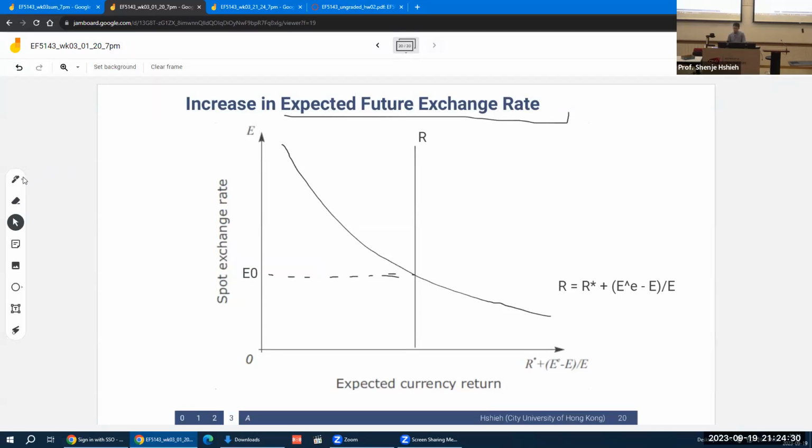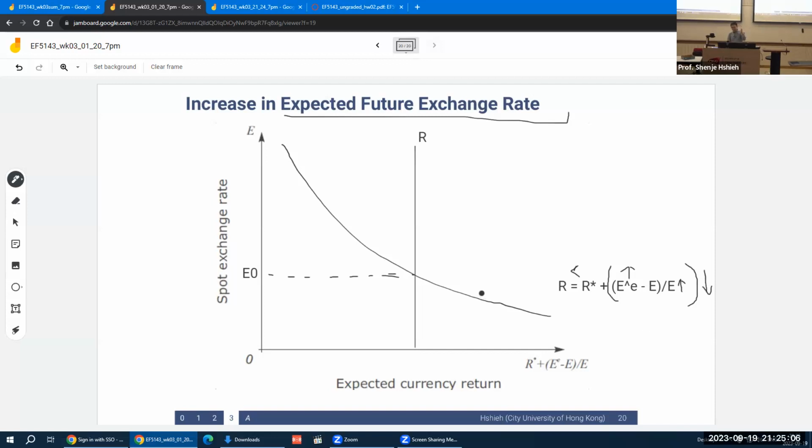Now, what happens is we have an increase in E hat E. So if E hat E increases, this equality becomes an inequality in which the right-hand side is now bigger than the left-hand side. To restore equilibrium, E must change today somehow. To undo this increase, you can increase this denominator. So increasing E here will undo the increase in E hat E in this direction.